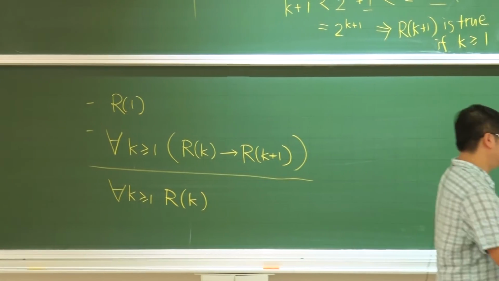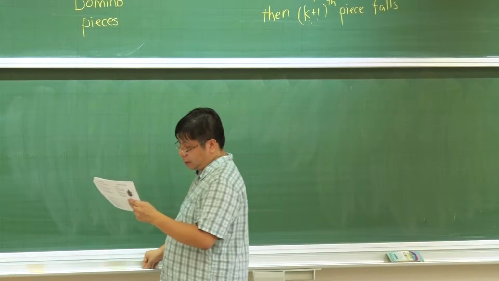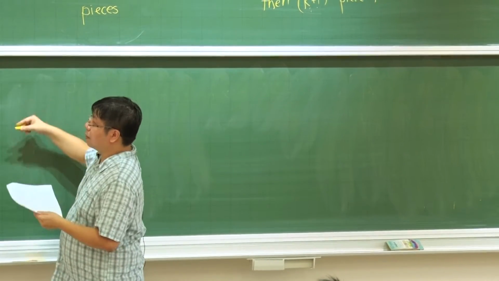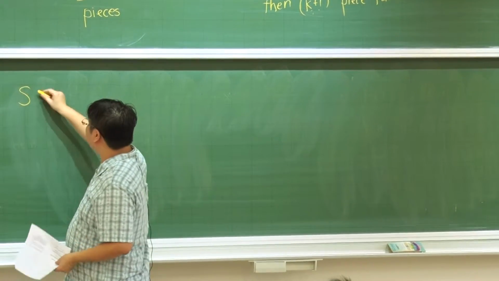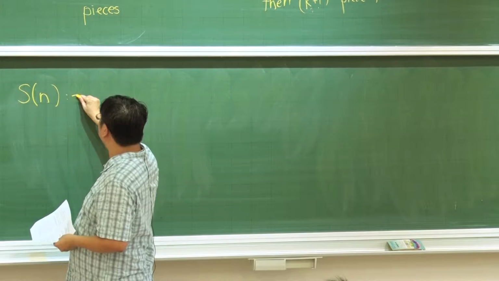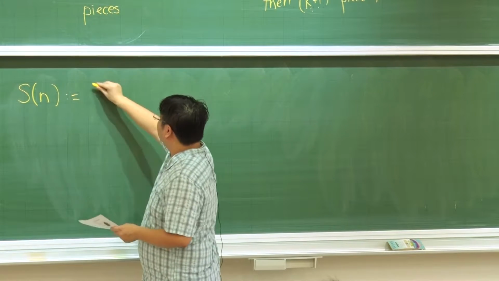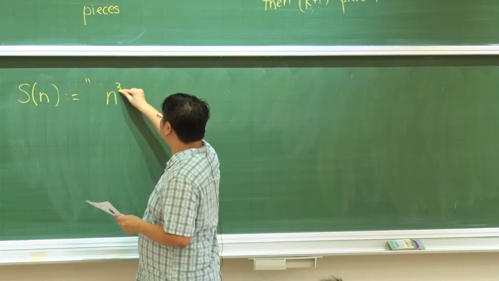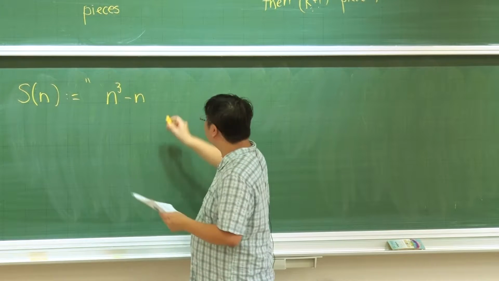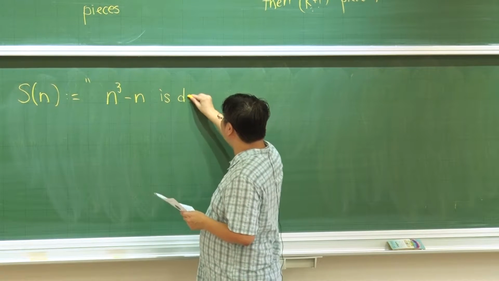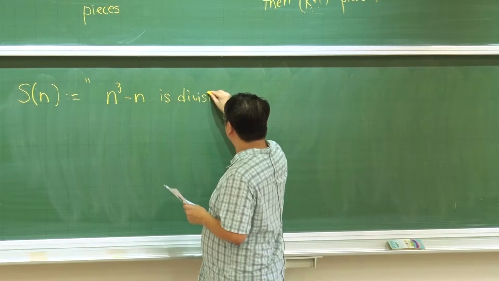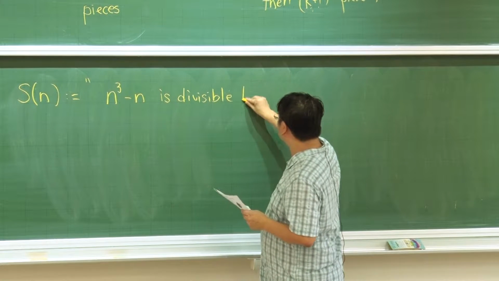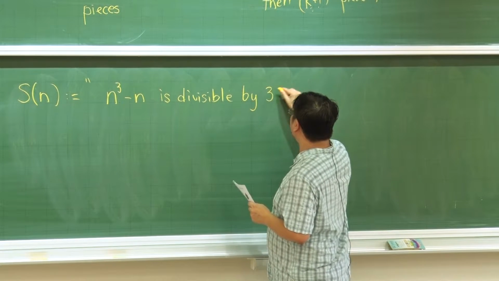So we have another example. Let's do one more. Okay, the last one. This time let's call it S, Sn. Sn is like this: n cubed minus n is divisible by 3.